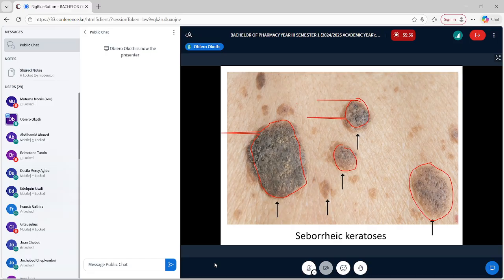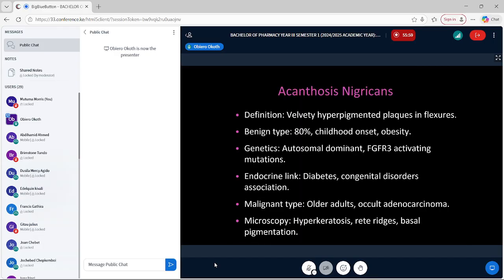Okay, acanthosis nigricans basically is hyperpigmented plaques in the flexures. We think again this could be inherited. I've seen other congenital malignancy, and if you see it and your person is slightly older and they're complaining of dyspepsia or bloating or epigastric pain, be careful.